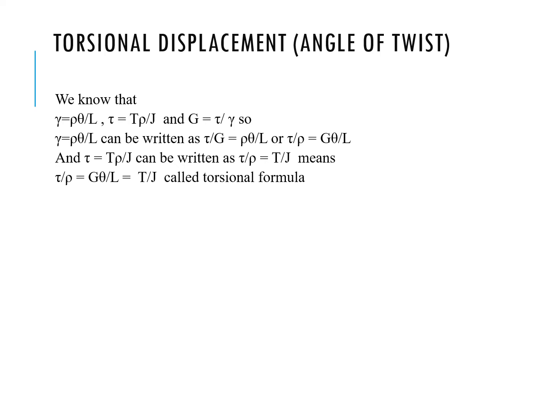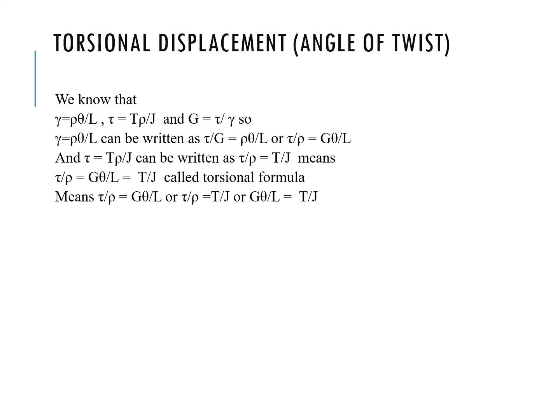So keeping in view these equations, T over J is equal to tau over rho, and T over J is also equal to G theta over L. So tau over rho has two relationships: one is with respect to G theta over L, and the other is with respect to torque over J. These are two different relationships, but they can be combined, and these three terms combine to form the torsional formula.